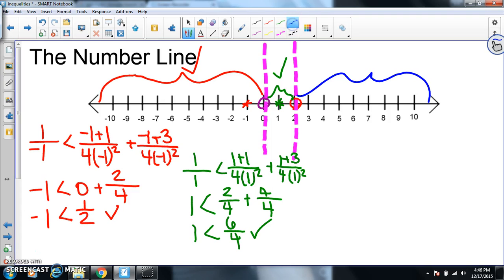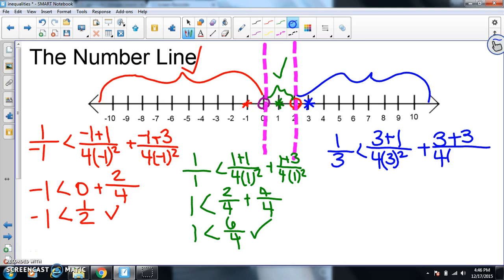Now my last region is the blue region. I'm going to pick 3 to test. So I have 1 over 3 is less than (3 plus 1) over 4 times 3 squared plus (3 plus 3) over 4 times 3 squared.